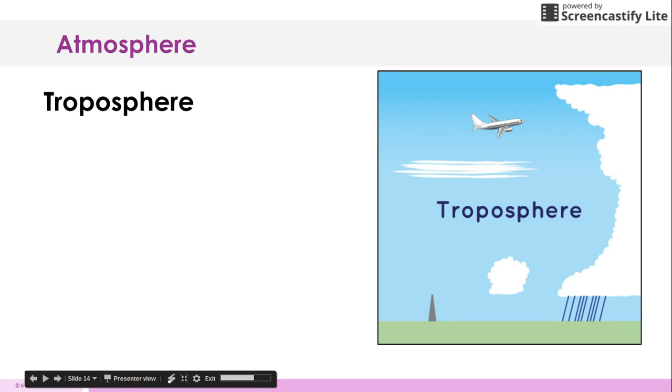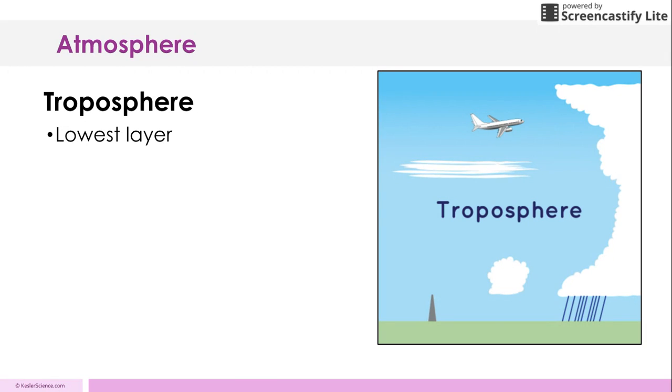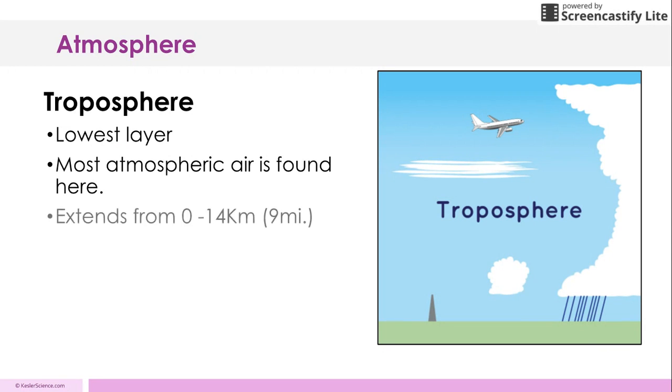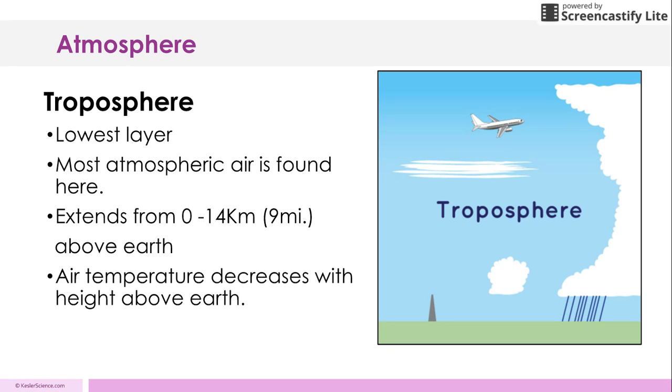So for your notes, for troposphere, basically that's the lowest layer. So in your first little box, you're going to be putting this word lowest in the line. Most atmospheric air is found here and extends from 0 to 14 kilometers, about 9 miles above the Earth, and then the air temperature decreases with height above the Earth.